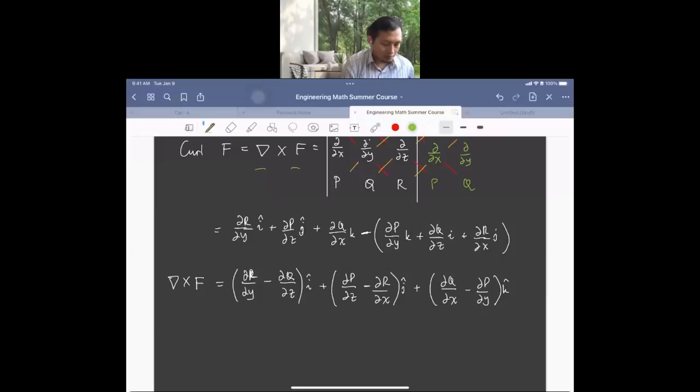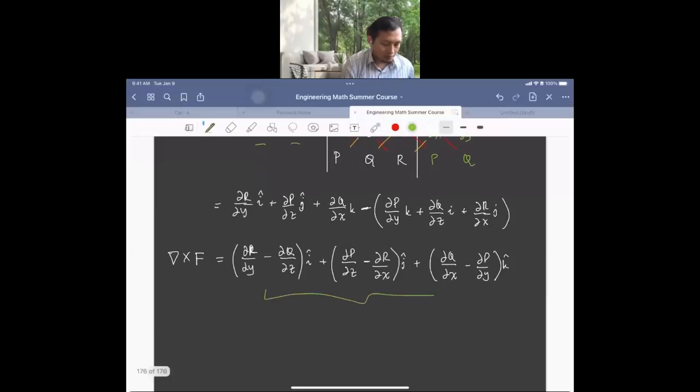Now notice that the result of the curl is another vector field. Or we say this is a vector.